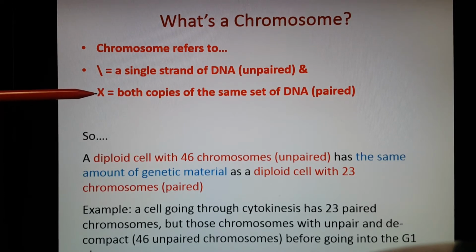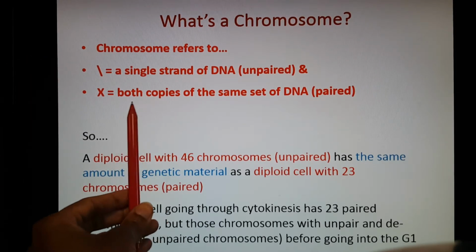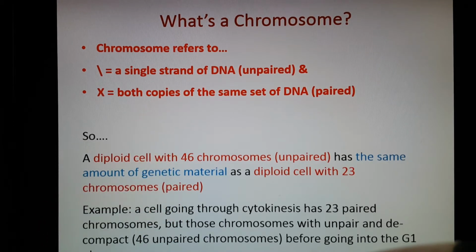It'd be both copies of the same set of DNA paired together, and that's still called a chromosome. Some people find that a little bit confusing, so I'm just pointing this out. I'll use this backslash or forward slash, I can't remember, as the denotation for a single-stranded one, and the X for a double-stranded. So these are both copies, being one from one parent and one from another.